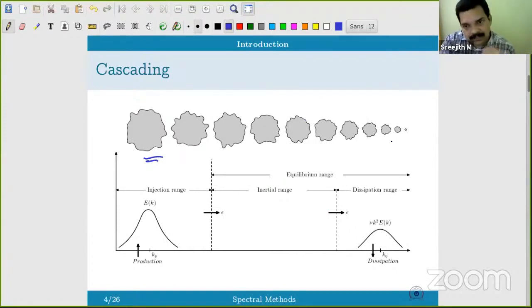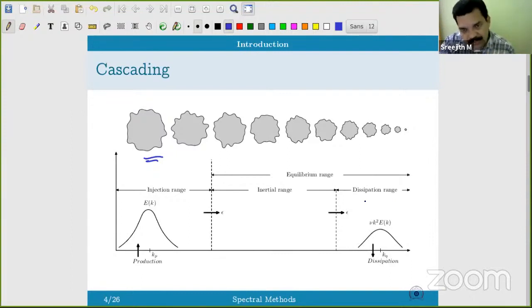Energy is extracted from the main flow by the large eddies and transferred to the smallest eddies, where it is dissipated. We call the larger eddies the injection range, the region where energy is transferred the inertial range, and the last part, where diffusion occurs, the dissipation range.